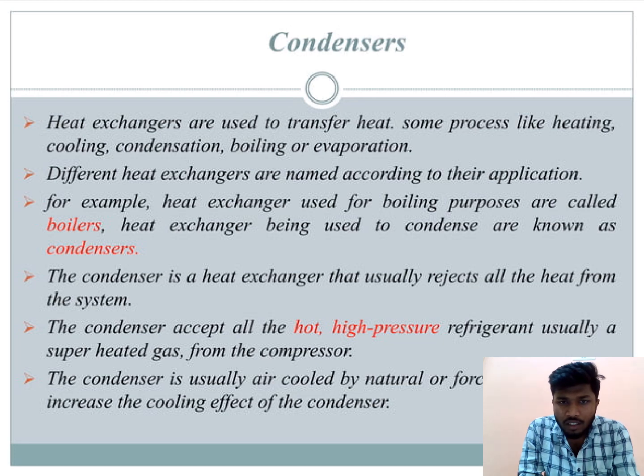The condenser is a heat exchanger that usually rejects all the heat from the system. The condenser accepts all the hot, high pressure refrigerant, usually a superheated gas from the compressor. The condenser is usually air cooled, by natural or forced convection, which increases the cooling effect.